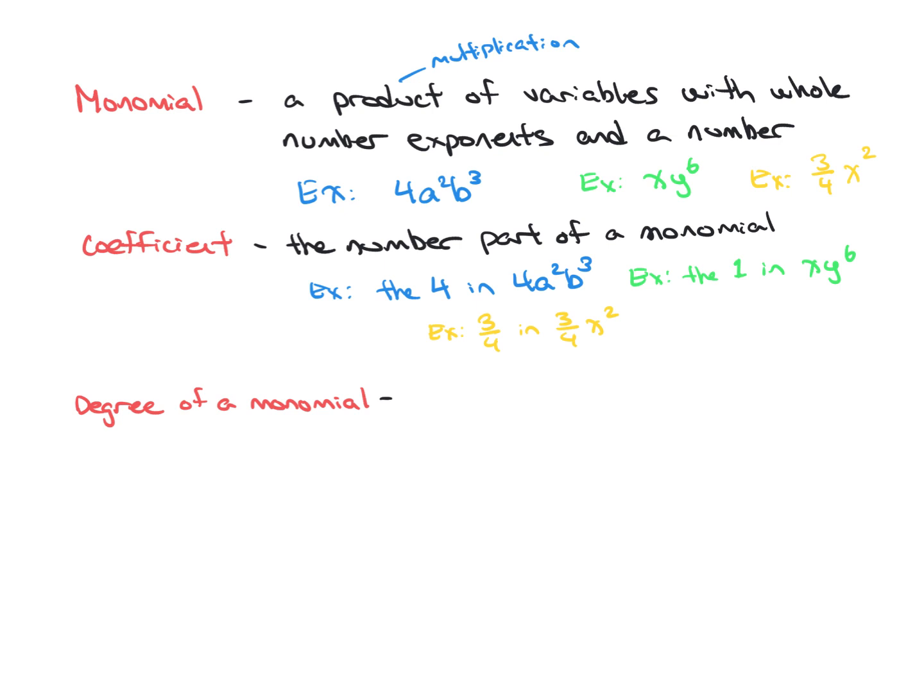One of those properties is the coefficient. Another might be how many variables are involved. But a very important property of a monomial is called its degree, and that is defined as the highest, no, sorry, that's wrong.